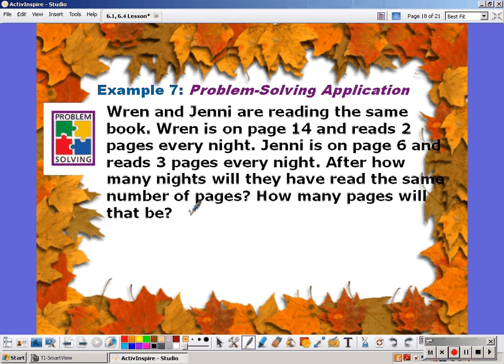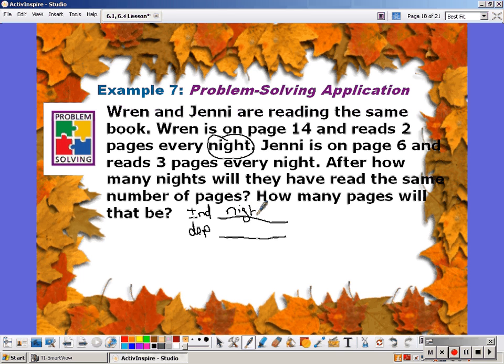First, we need to think about what's the independent variable and what's the dependent variable. Okay? Well, independent is something that would happen regardless of the other thing happening. So independent would be the number of nights. Nights would pass regardless of whether she reads her book or not.